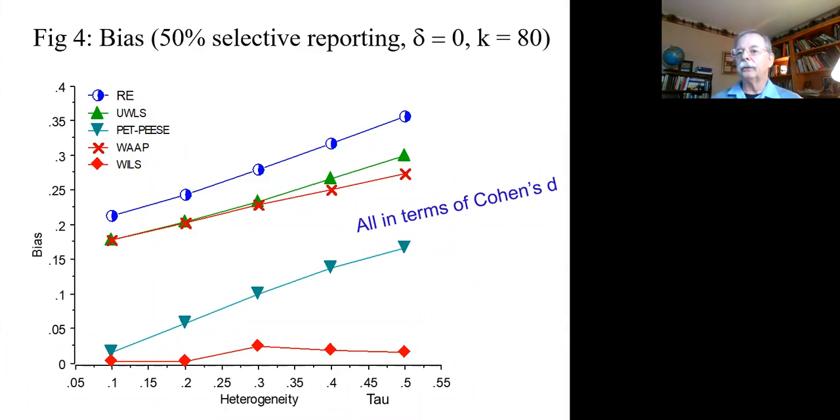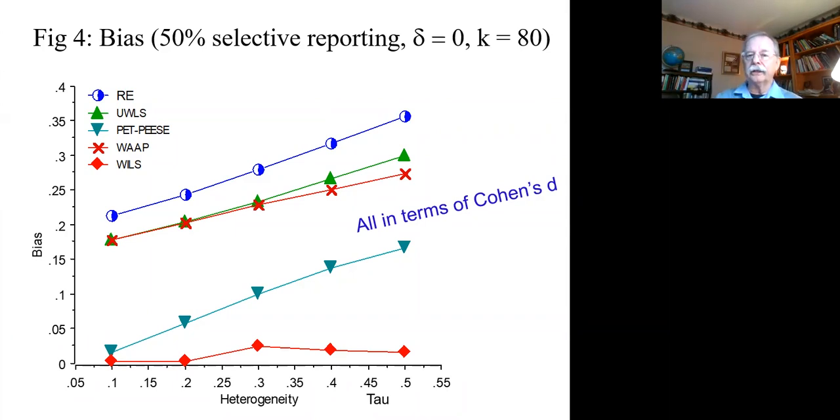This is the bias. We assume we have 80 estimates. We assume the true mean effect, we can control it, is 0. And there's 50% selection bias. Again, we need to assume 50% selection bias if we want to get the same size bias we just saw in these replications. And notice that random effects has the highest bias.